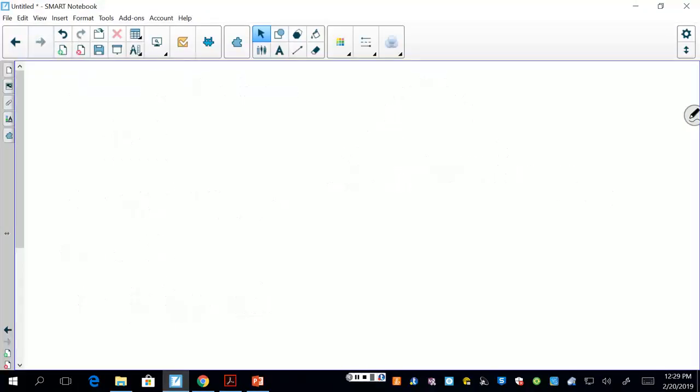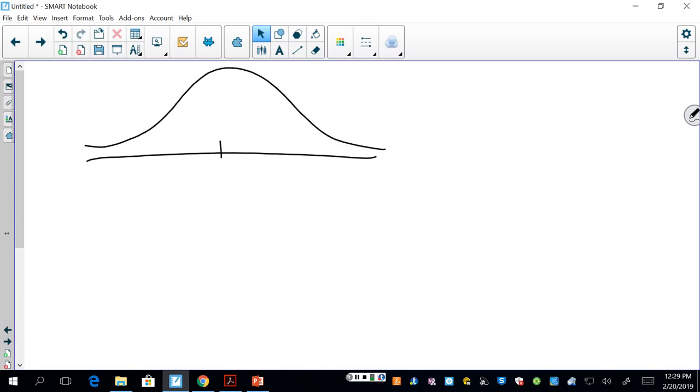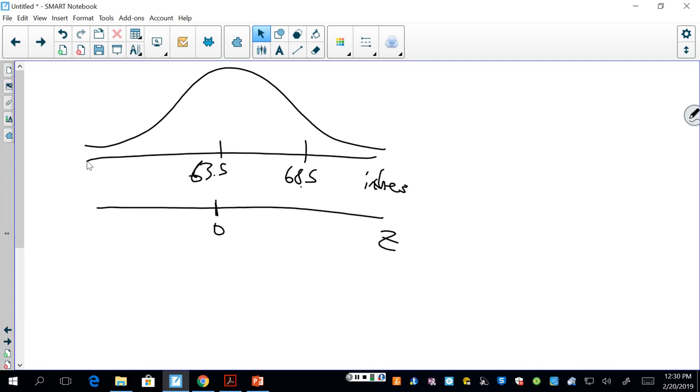So in our example, here in NHANES, here's the 63.5 average. This is how many inches tall a woman is, and we're interested in here up to 68.5. Well, on a kind of standardized scale, if this is 0, and the standard deviation is 2.5, this is 2 standard deviations above.